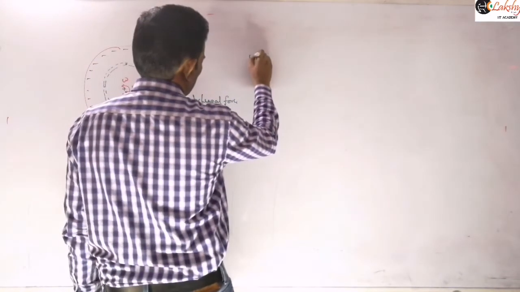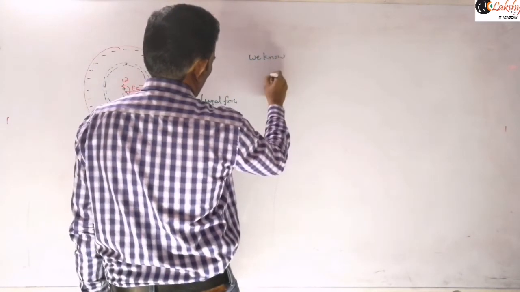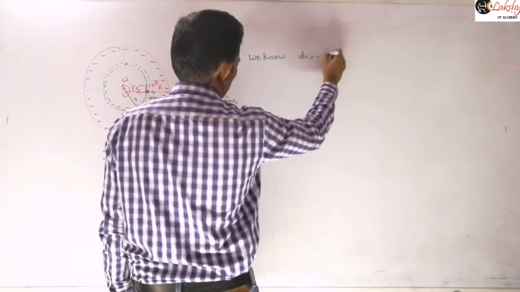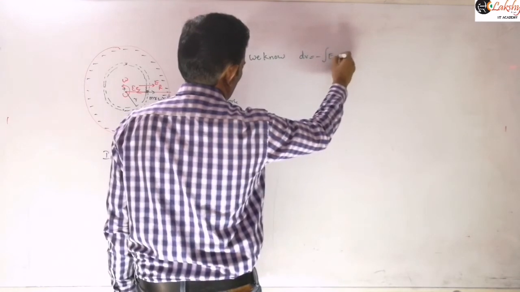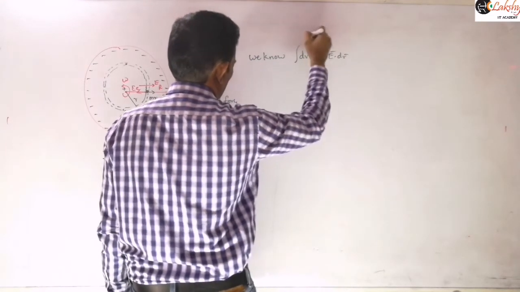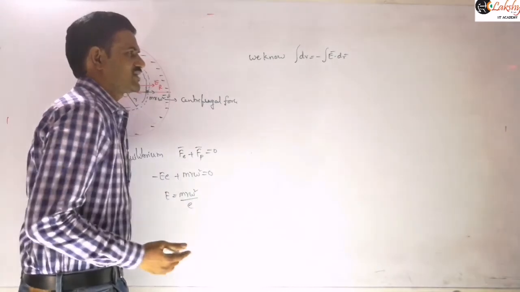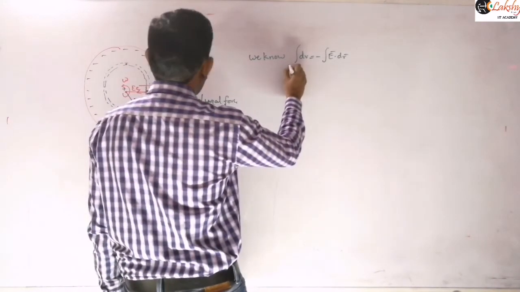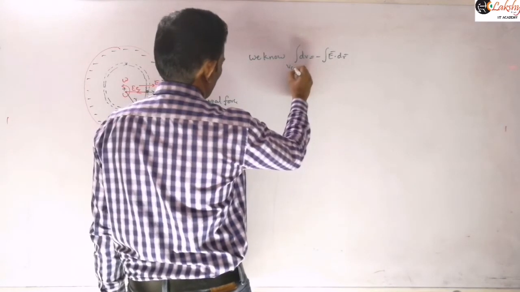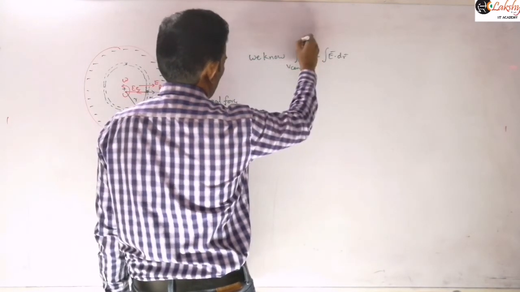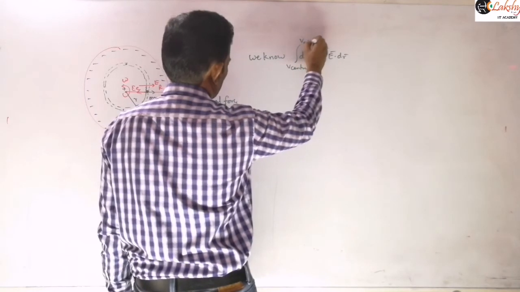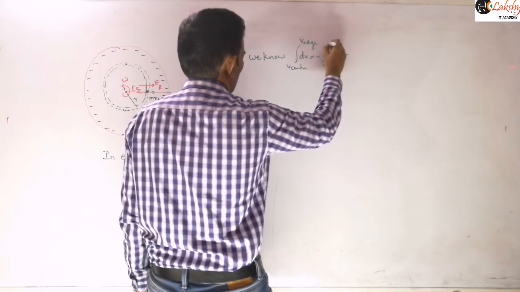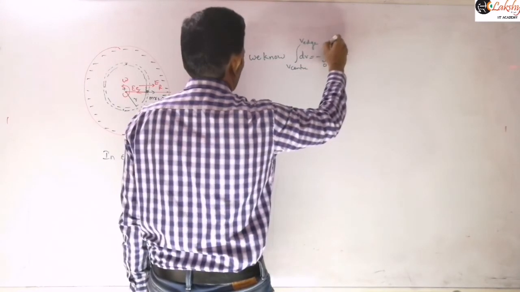So then we know dV is equal to minus E vector dot dr vector. And so now you can integrate that to get the potential difference between the center and the edge. Suppose I am writing this as the potential difference between the center and edge, from 0 to R, where R is the radius of this ring.